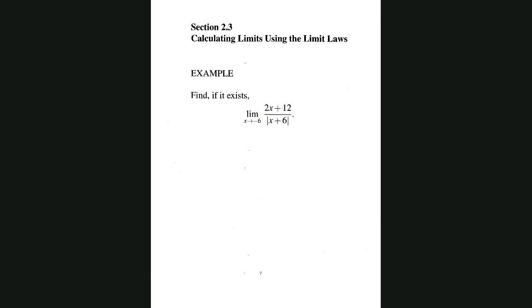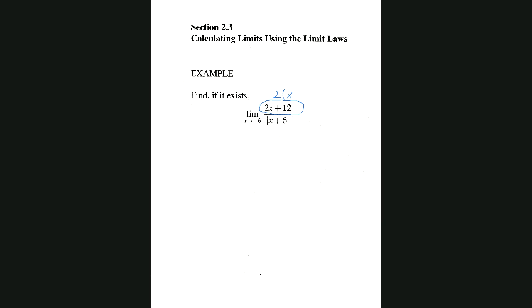So if the absolute values weren't there, we'd be happy people, right? Because we know we can factor the numerator, and that's right, Ian, we can factor the 2 out. The numerator here is equal to 2 times x plus 6.